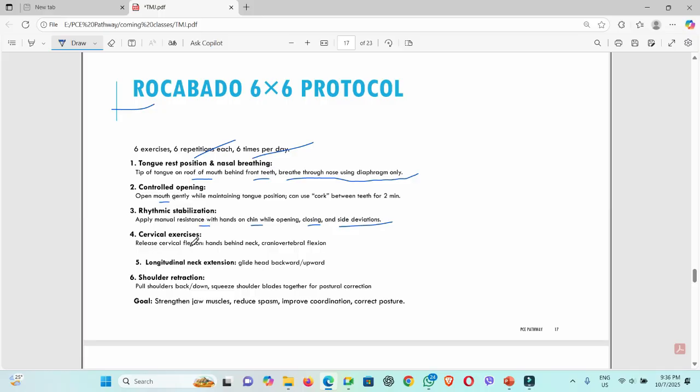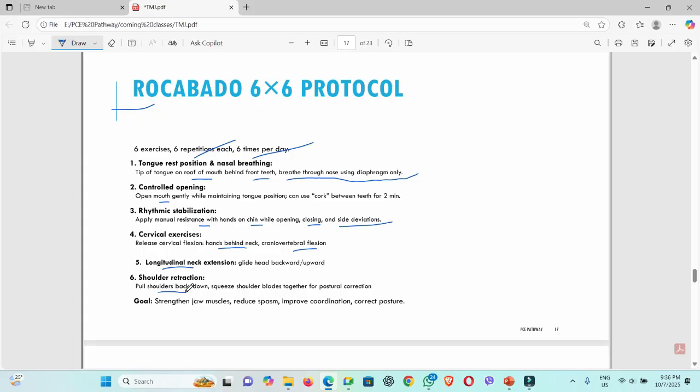Fourth is cervical exercises. Release cervical flexions, hand behind neck, craniovertebral flexion. These are cervical exercises. Fifth is longitudinal neck extension. Glide head backward, upward. Shoulder retraction.